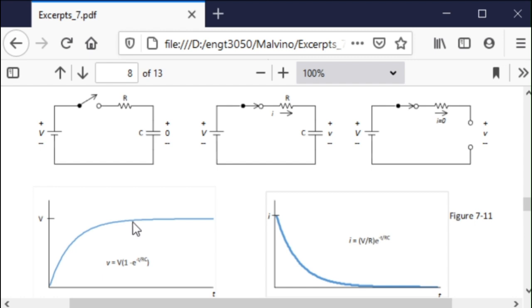So that is the equation for the charging of this capacitor. The current follows from this circuit right here. So if the voltage across the capacitor goes like this, the voltage across the resistor does the opposite, and the current goes like this.